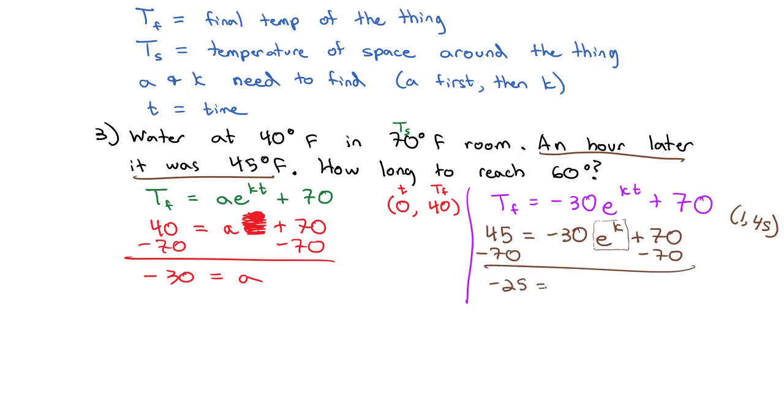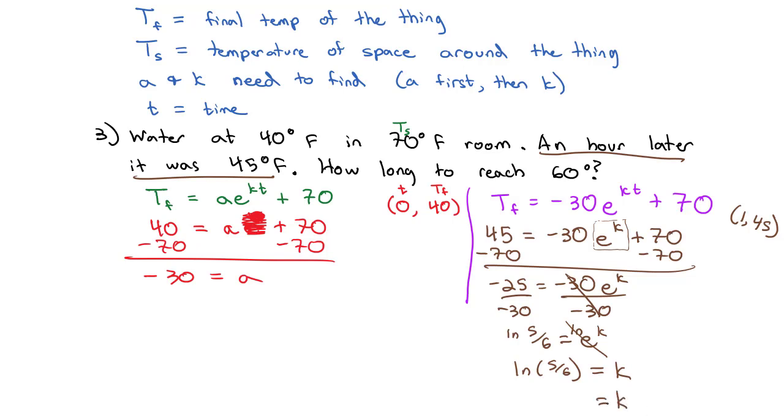Gives us negative 25 equals negative 30 e to the k. Divide both sides by negative 30. And e to the k is equal to, dividing both by negative 5, gives us 5/6. Now that the exponent part is alone, I can take the natural log of both sides. So the natural log of 5/6 is equal to, natural log and e undo each other, k. Put that in my calculator, the natural log of 5/6 is negative 0.1823.